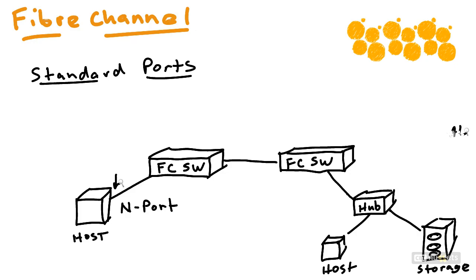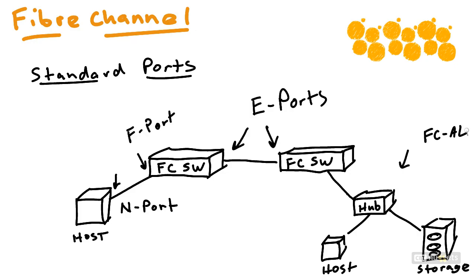Arbitrated loop situation. Well, in this particular case, connecting to this old antiquated mess, we have an FL port. So this port right here is an FL port, and the job of that port is, obviously, to connect to that fabric loop in the topology.